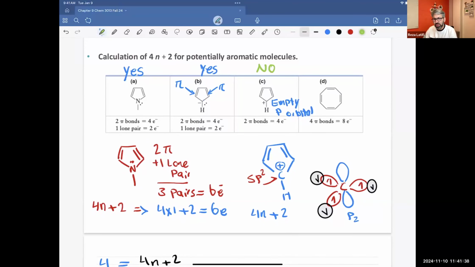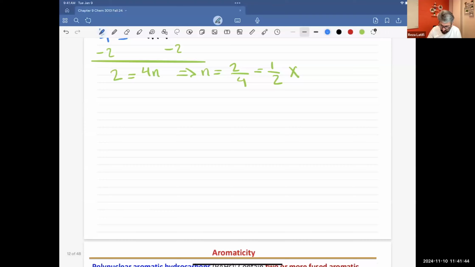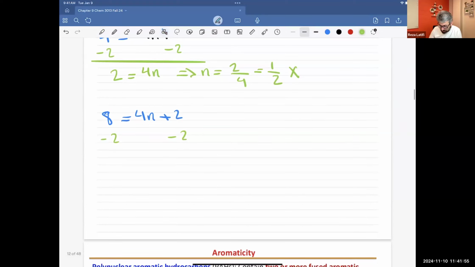How about the next one? We have 4 pi bonds. That means 8 electrons. So I have, again, 8 electrons equal to 4n plus 2. Let's find the n. So I go minus 2, minus 2. That gives me 6 equal to 4n. What's the n?